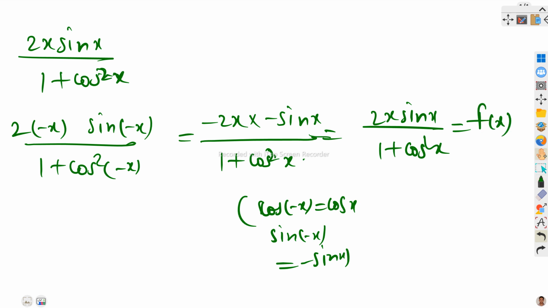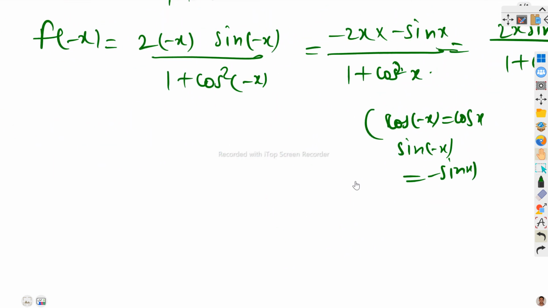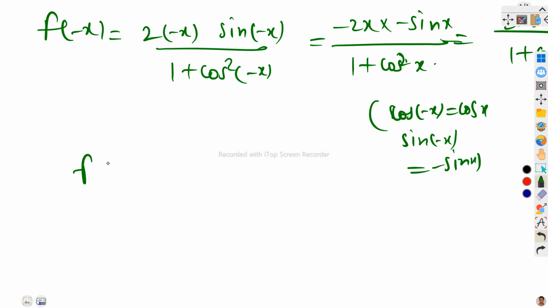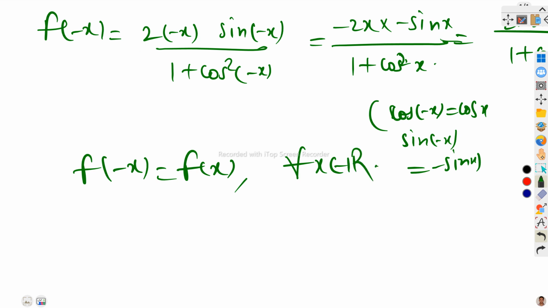So we have seen here that for every x in the real numbers, f(minus x) equals f(x).